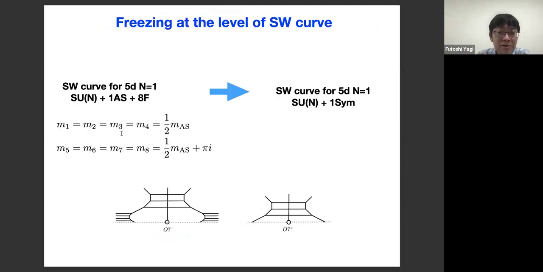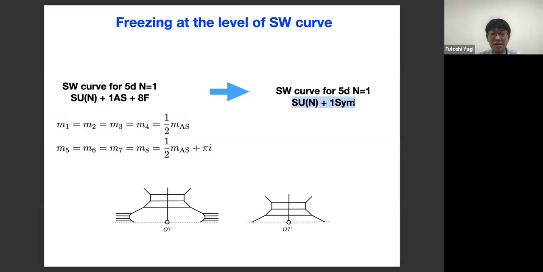And again, we tune the mass in a similar way, but the real part is identical to the tuning which I introduced at the place of cubic prepotential. But again, we have this pi i shift for the D4 brane. And if we tune like this, the Seiberg-Witten curve for SU plus 1 antisymmetric plus 8 flavor reduces to the Seiberg-Witten curve of SU plus 1 symmetric.